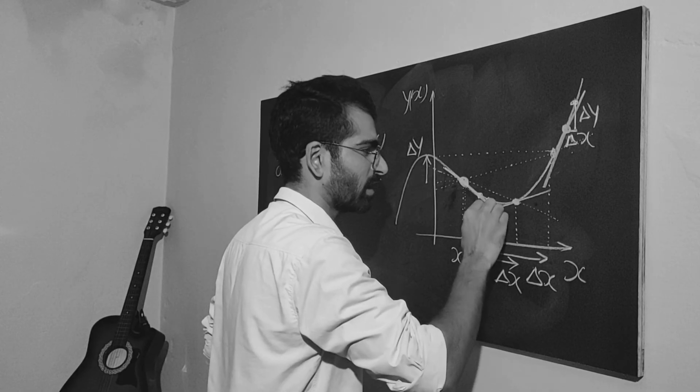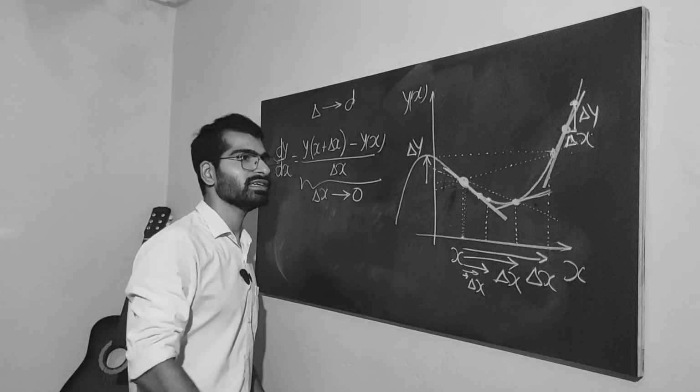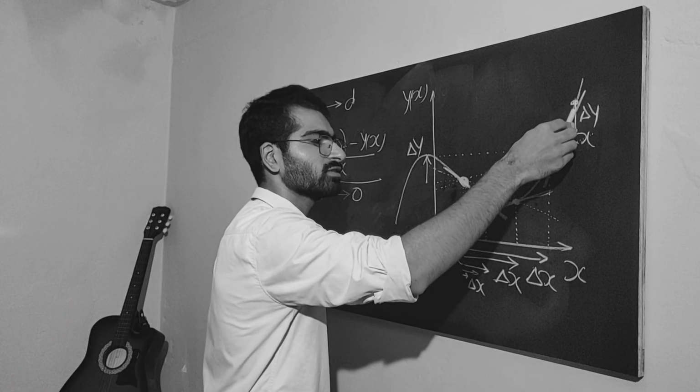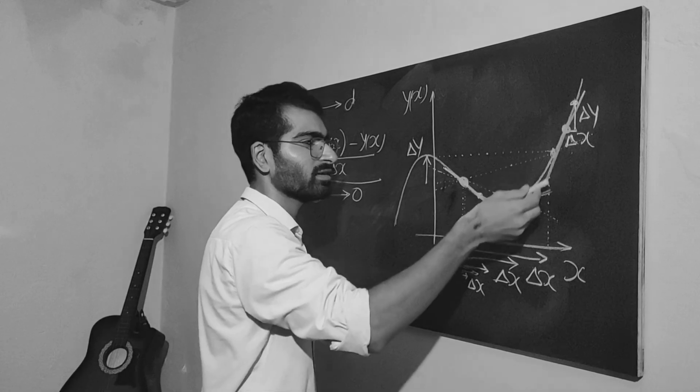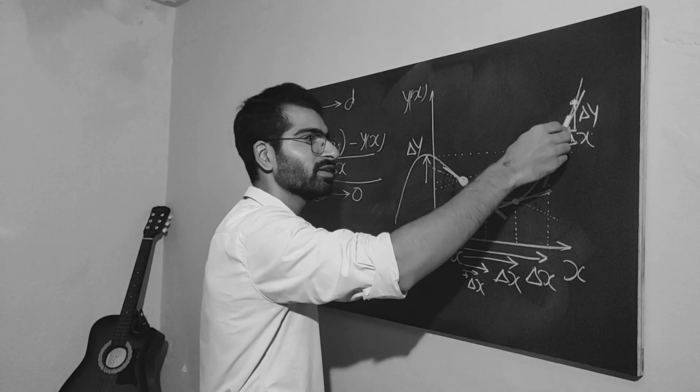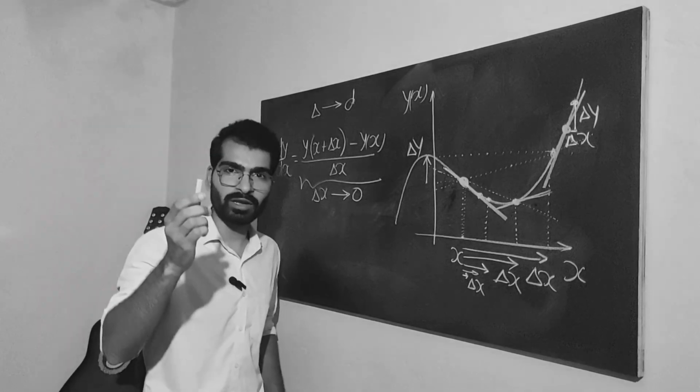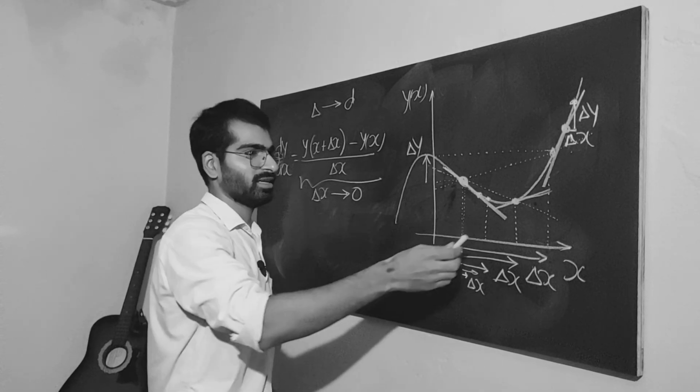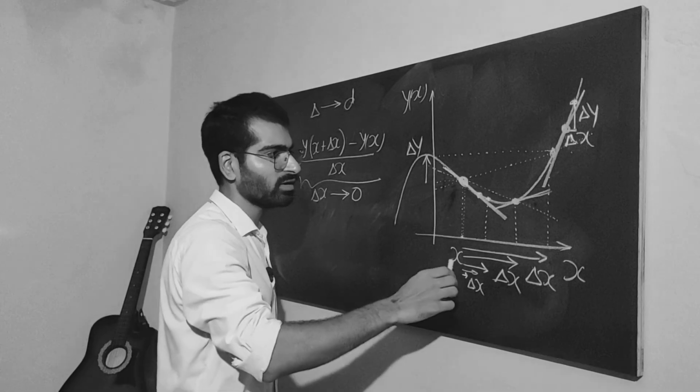And you could have done the same for this point. Right here it would look like that. And you can see the slope here is steeper than there. So derivatives around those points would be larger. Here they will be small.